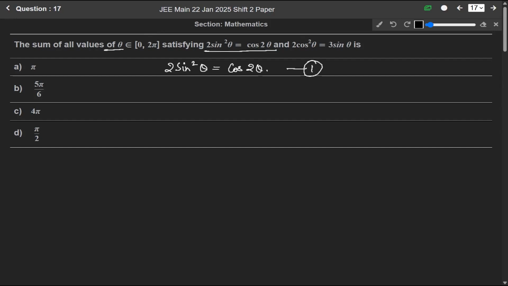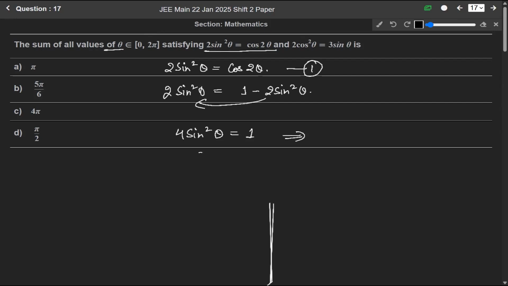Okay. So cos 2 theta can be written as 1 minus 2 sin square theta. Okay. So if we write it here, 4 sin square theta will be equal to 1. This implies that sin square theta will be equal to 1 over 4.